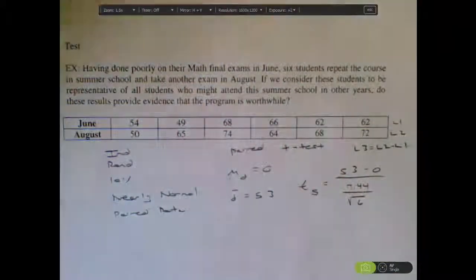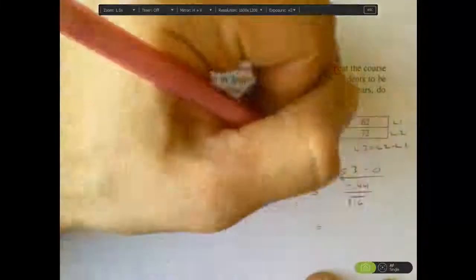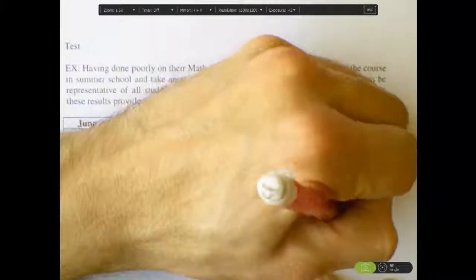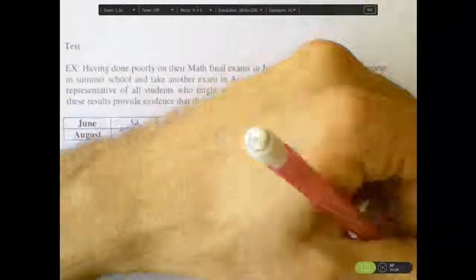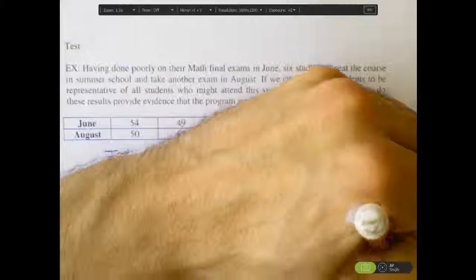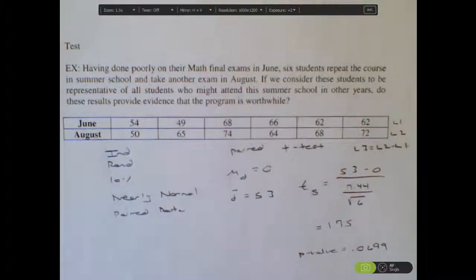And just doing a t test on the calculator will give me this value, 1.75, and I end up with a p-value, this is not proper notation, but I'm a little short on time, of about 0.0699, so about 7%, which is high. I would fail to reject.